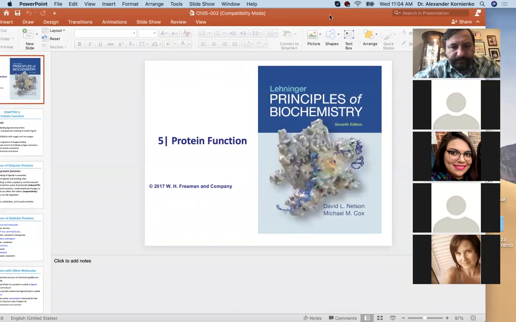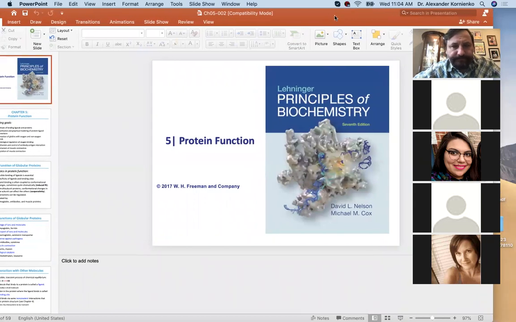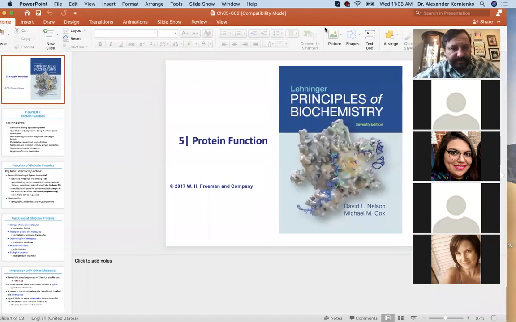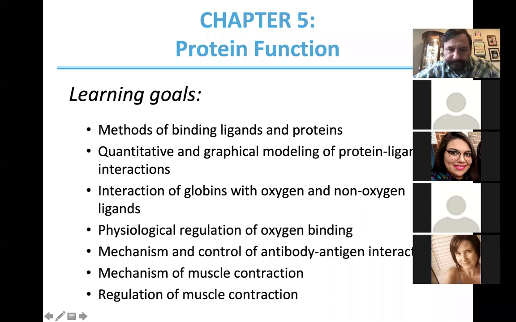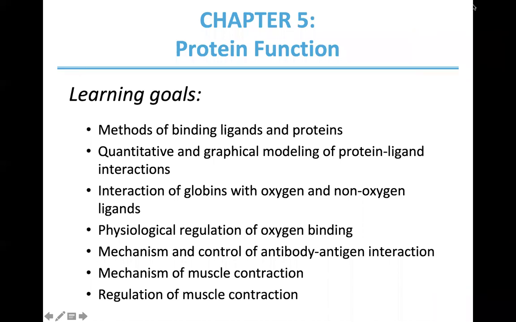All right. Protein function. If you can't see the slides, let me know. So what do we expect to take home from chapter 5? This is all going to be about interaction between a ligand and a protein, right?